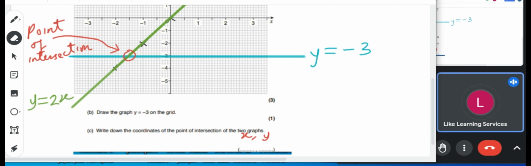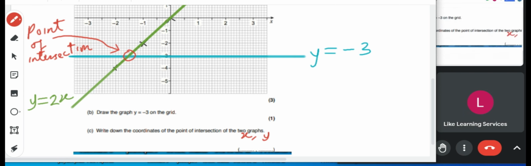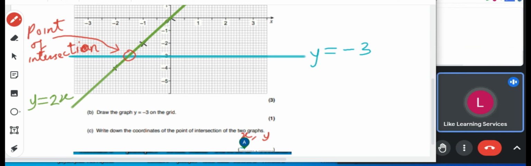Zoom in properly so that you can write it very well. The x value is what? Minus 1.5. The y value is minus 3.